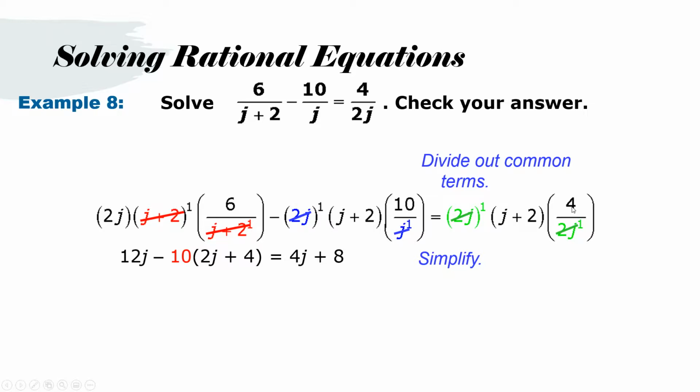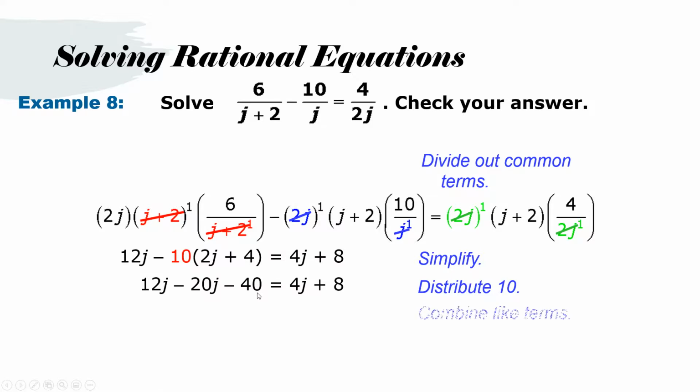Then 4 times 2, that's positive 8. Now, distribute 10. Okay, so we have 12j. Negative 10 times 2j is negative 20j. Negative 10 times positive 4 is negative 40.